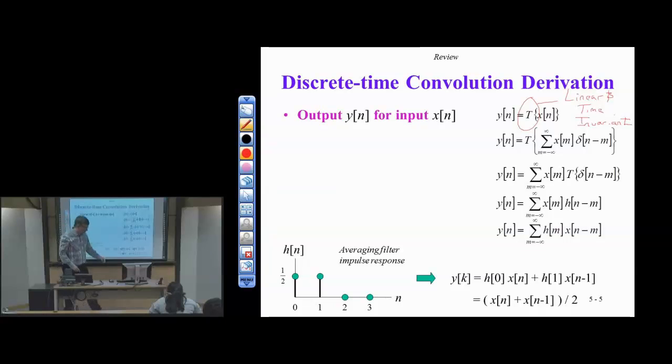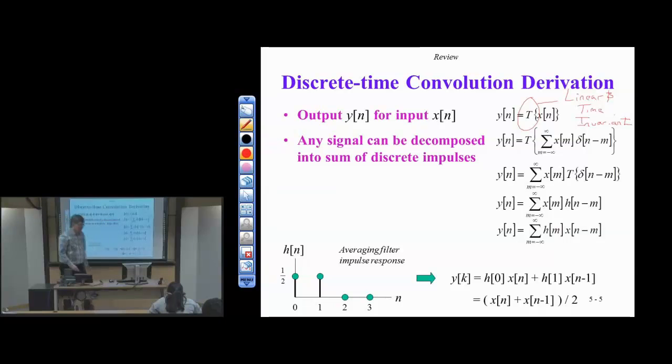So to get to the convolution formula, the first step is really where the trick is. And this is a pretty useful decomposition. So any signal can be decomposed into a sum of discrete time impulses. Right? So how do I do that? So I take x of n, whatever it happens to be. So here's x of n.